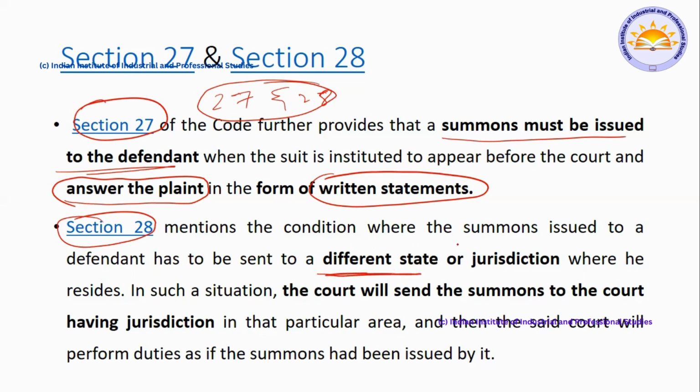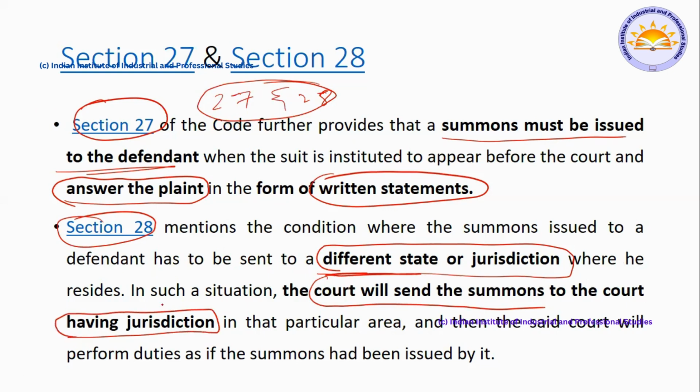It mentions that where the summons issued to a defendant has to be sent to a different state or jurisdiction, if the jurisdiction is different, the court will send the summons to a court having the jurisdiction. Correct. Proper jurisdiction. This is related to jurisdiction. Section 8 is related to jurisdiction.